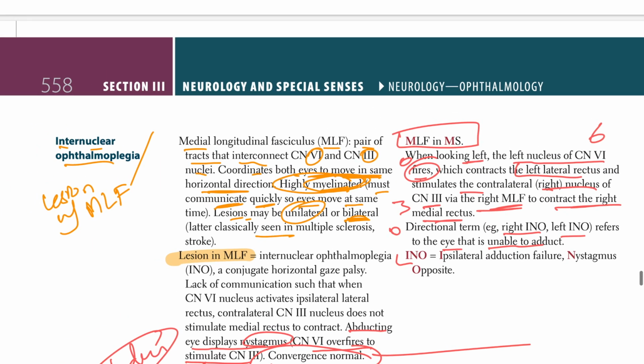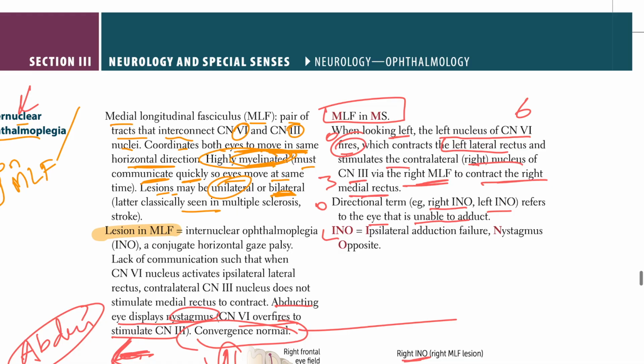INO is the internuclear ophthalmoplegia, right? So the mnemonic here is INO, meaning ipsilateral adduction failure, nystagmus opposite, meaning you can't adduct, meaning you can't look towards the middle part.